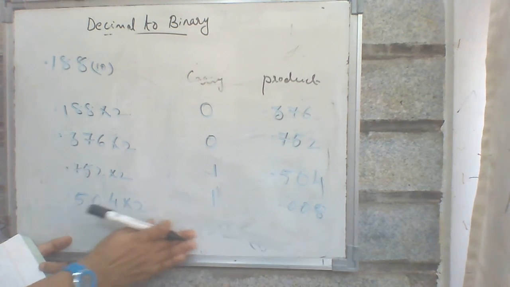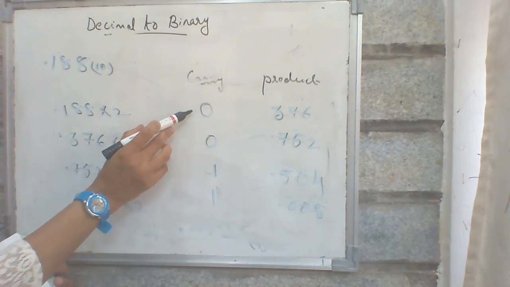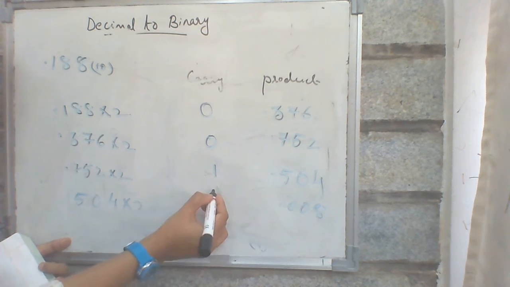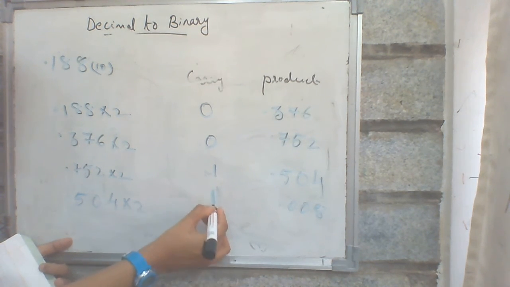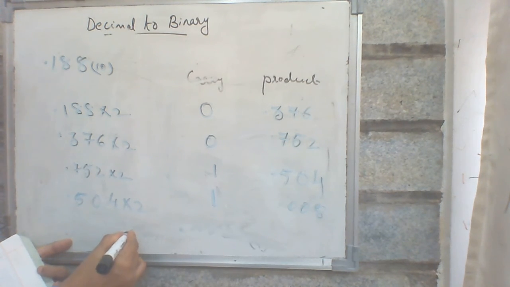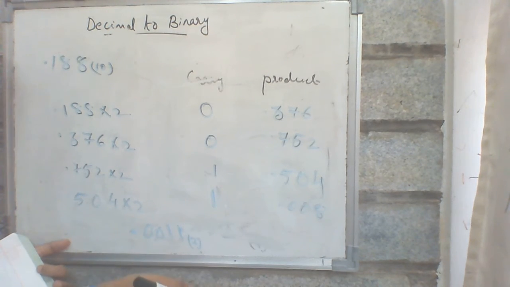So the answer is, which one will be the MSB? The first carry will be the MSB and the last carry is LSB. Then what will be the answer? 0.0011. 0.0011 is the answer.